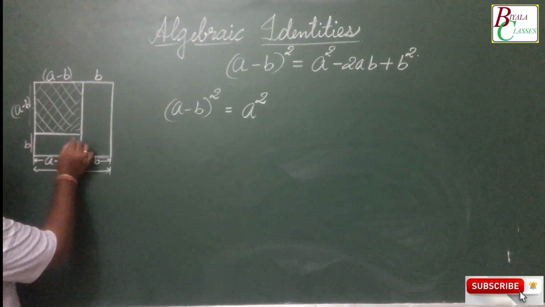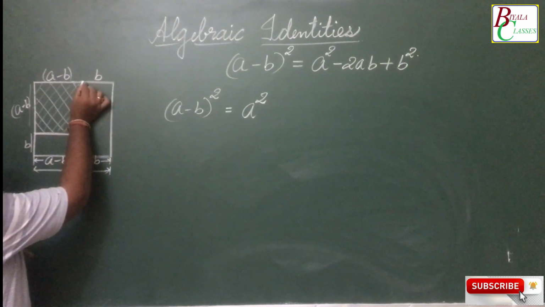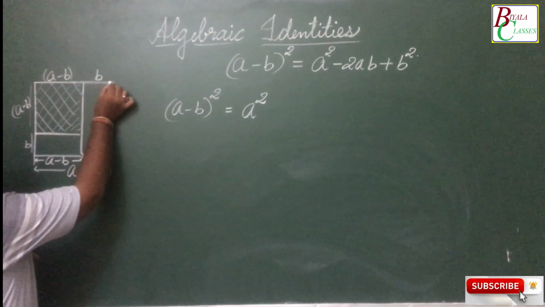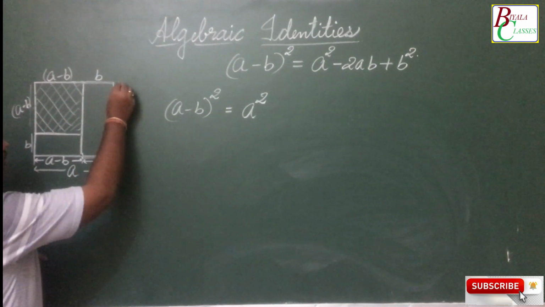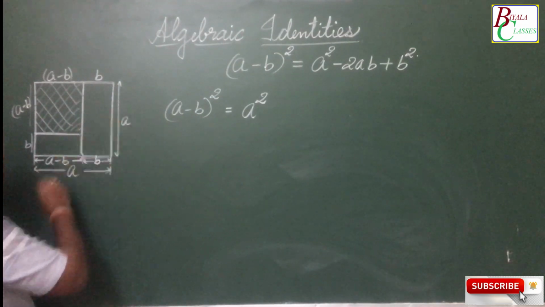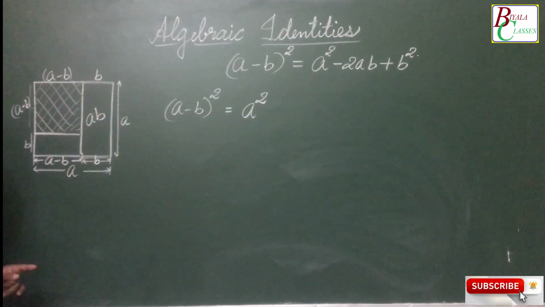Now there are two parts in this. This part, if you are taking, the breadth of this rectangle is b, whereas the length of this rectangle, this whole length, is a. So what will be the area of this part? It is a into b.